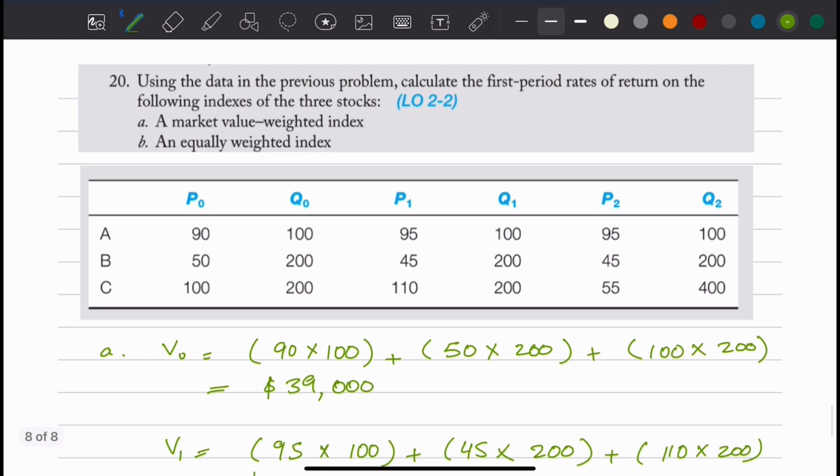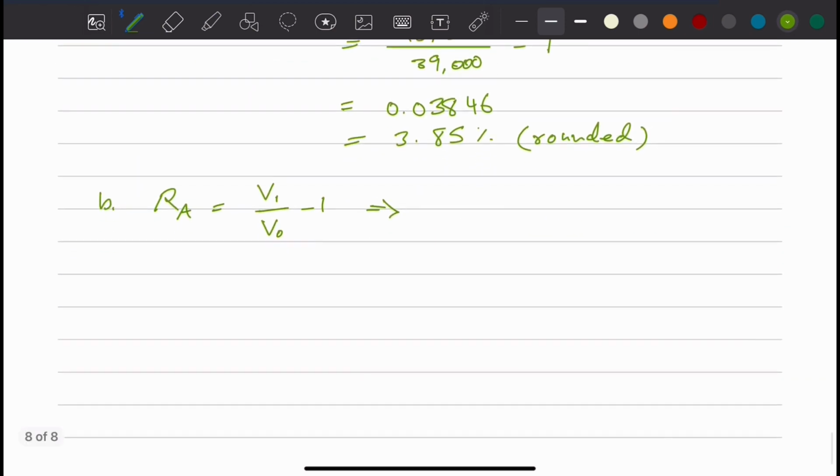That would be the prices. So the price at time 1 is 95, at time 0 is 90. So that will be 95 over 90 minus 1. 95 divided by 90 minus 1 multiplied by 100.